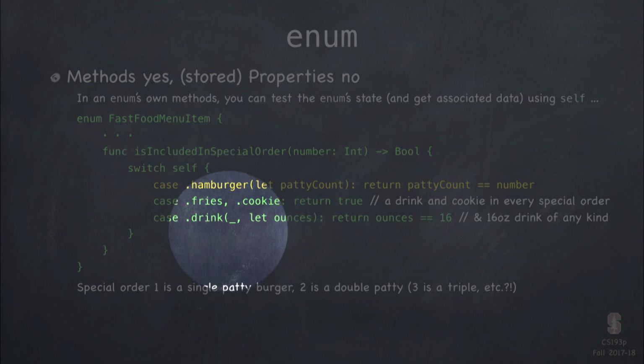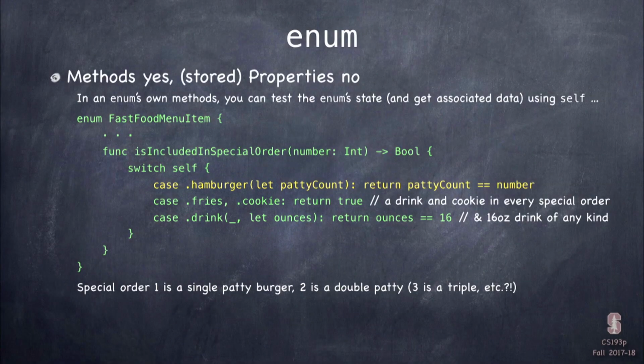So I don't care what kind of drink it is. I don't care about that brand. So I use the universal I-don't-care symbol in Swift, which is underbar. Remember we used underbar when we didn't care what the external name in touch card was. We used it in a for loop when we didn't care what the identifier was anymore in Concentration. So we can use it here as well.